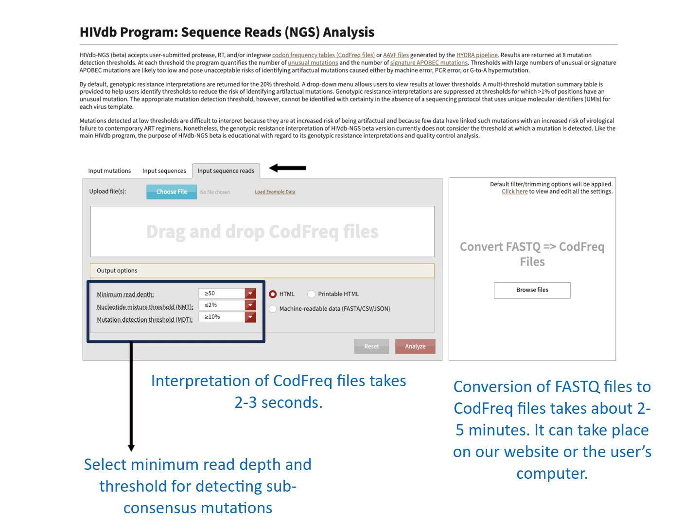The user can also select the minimum number of reads required for a region to be considered to have adequate sequence coverage, the mutation detection threshold, which is the minimum proportion of reads containing the mutation for it to be considered to be valid, and the maximum allowable proportion of mixed nucleotides. By default, the minimum number of reads is set at 50, and the mutation detection threshold is set at 10%.